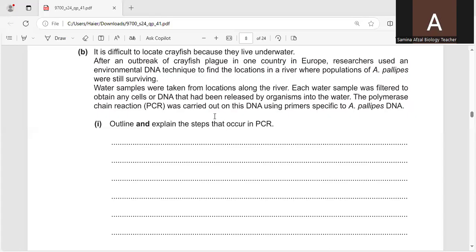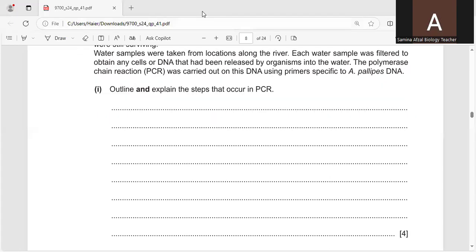So we have to write down the four steps which are present in PCR. First I would like to explain them, and then I will write them. The first step is denaturation.